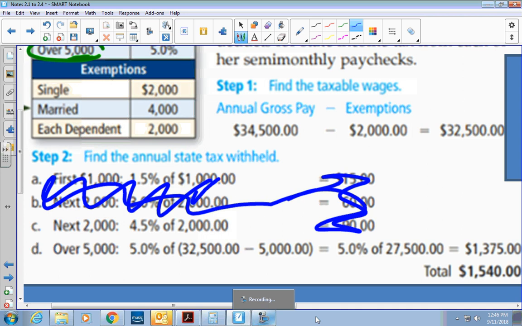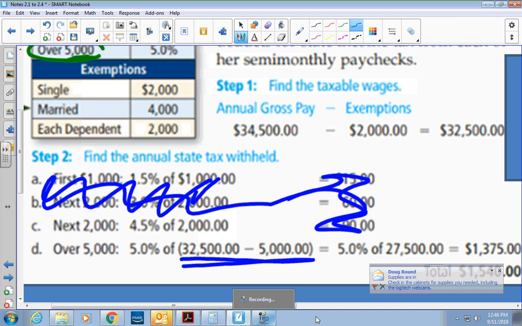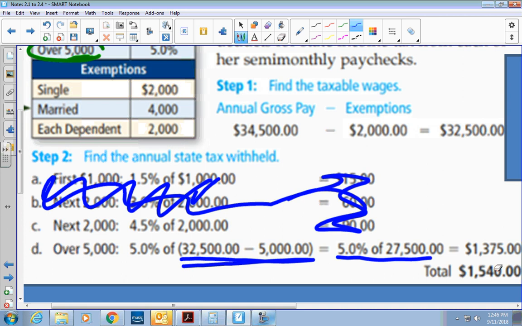We do have to write down 32,500 minus 5,000, and then multiply that 27,500 by 5%. So we get $1,375. Then you're going to add that together with the 90, the 60, and the 15 to get 1,540.